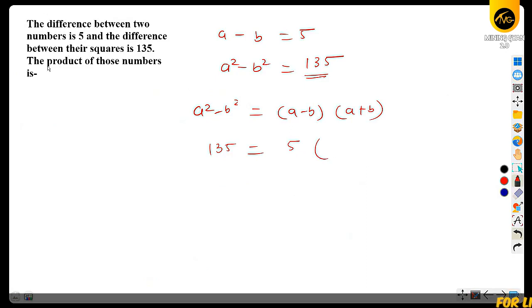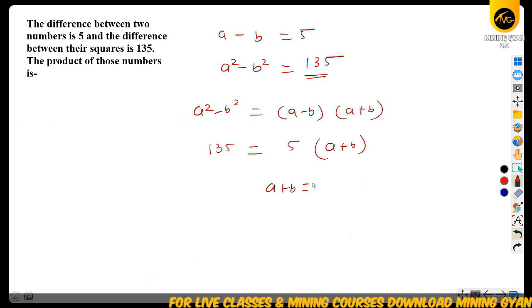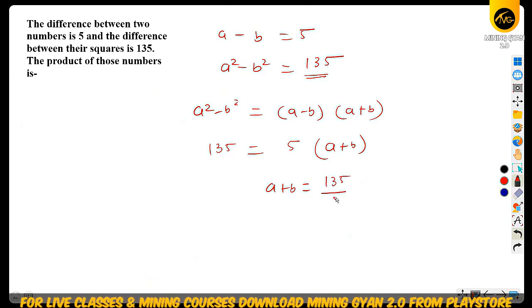So we have to find the product of those numbers. That means a plus b is equal to 135 divided by 5, that means a plus b is equal to 27, correct.